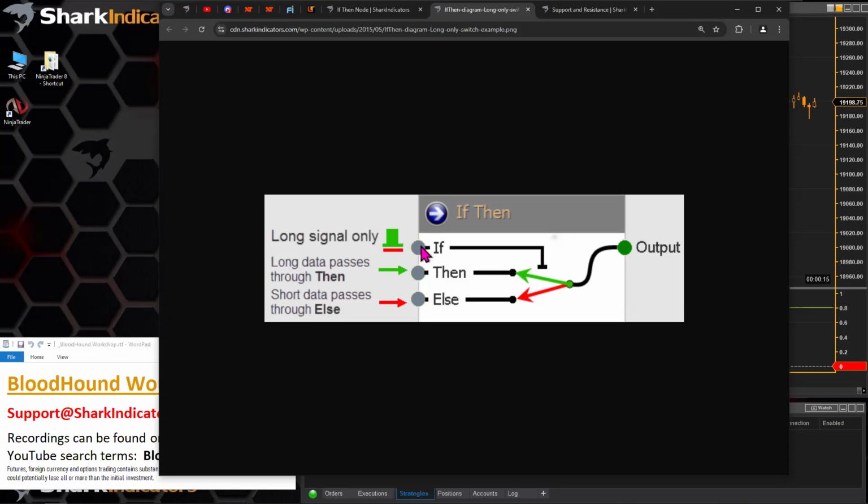So when a signal comes into the if, whatever's connected to the then input goes out to the output, right? Otherwise, if there is no signal at the if, then the else is connected to the output, right? So it's just switching between two inputs as to what gets to the output.